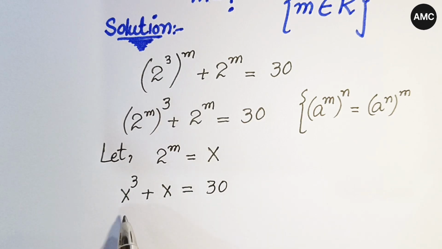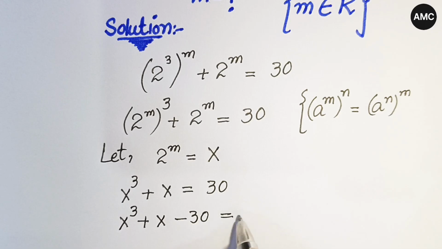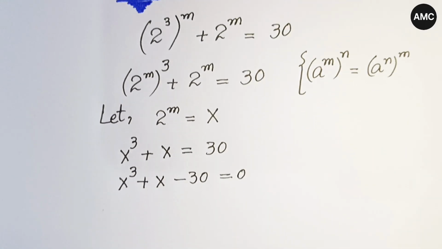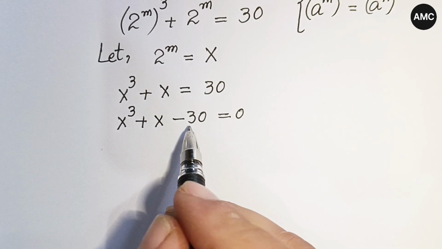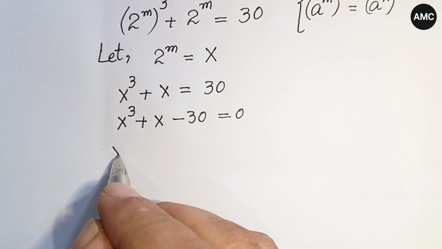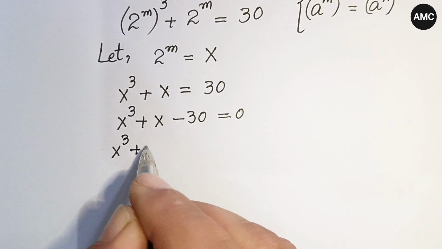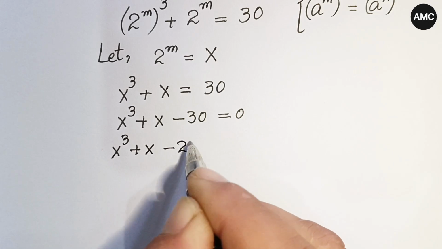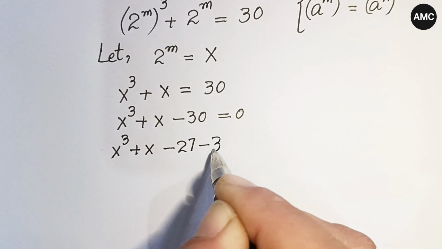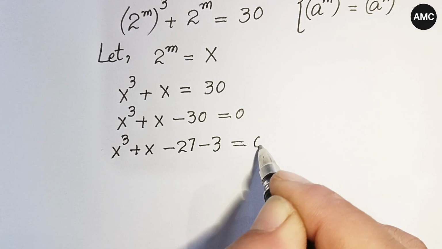Now shifting this 30 to our left hand side, we have x cubed plus x minus 30 is equal to 0. Now if we factorize this minus 30 like x cubed plus x minus 27 and minus 3, we get minus 30 is equal to 0.